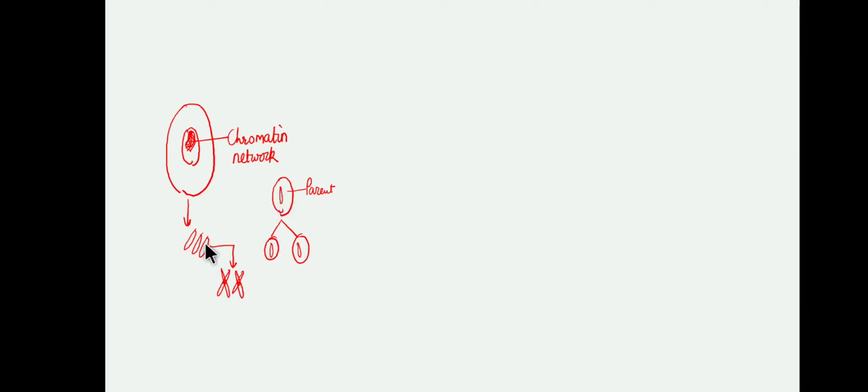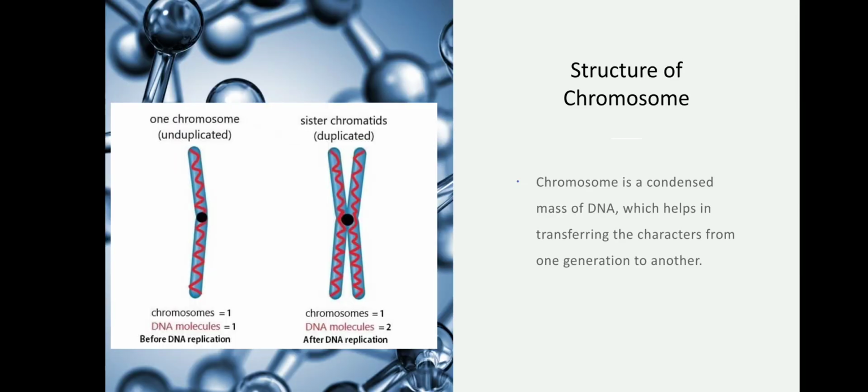So, the chromosomes double their DNA to form sister chromatids, which further separate out and are given, each to one daughter cell. This is a simple chromosome and these are sister chromatids, which are held together by the centromere.